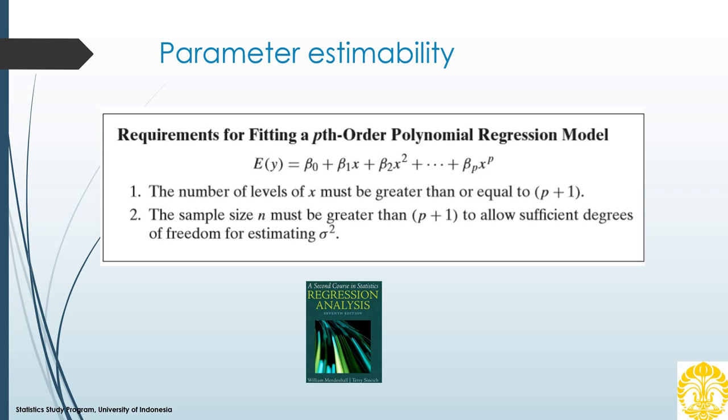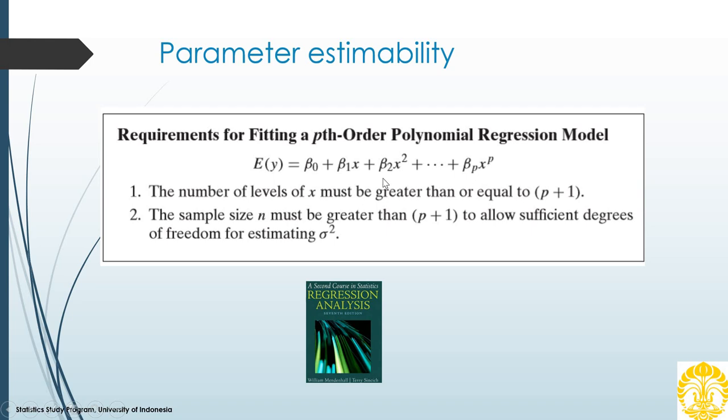Another pitfall that we want to discuss now is parameter estimability. I took this from the book Second Course in Statistics by Mendenhall and Sincich: the requirement for fitting a p-order polynomial regression model is that the number of levels of x must be greater than or equal to p plus 1.